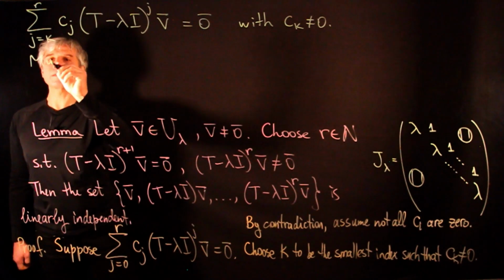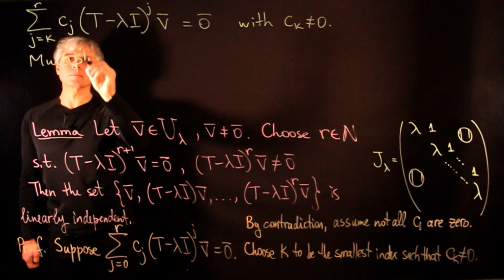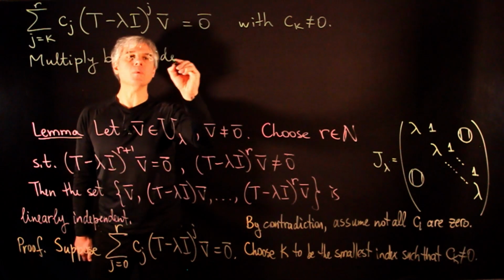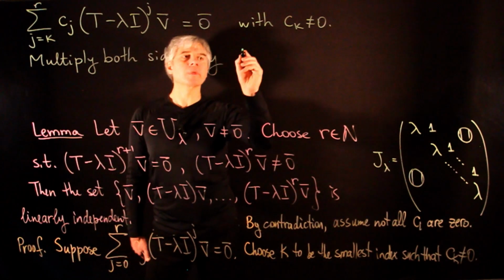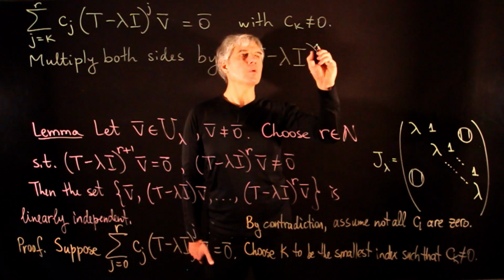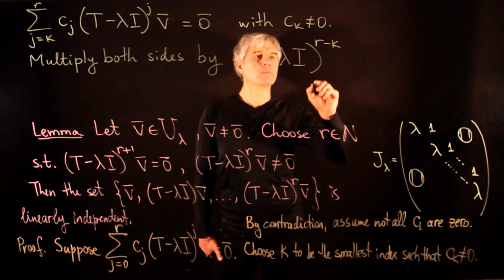Now multiply both sides of this equality by (T minus lambda I) to the power of r minus k.